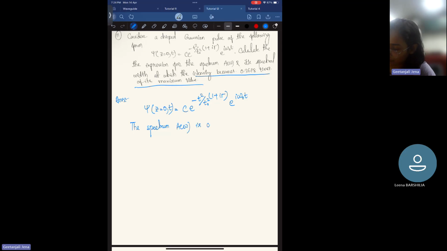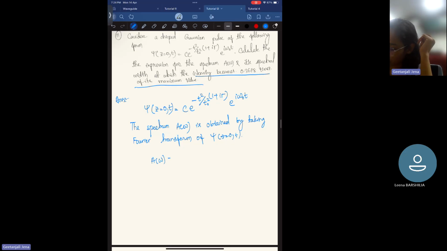This is A of omega, obtained by taking the Fourier transform of psi at z equal to 0, t.